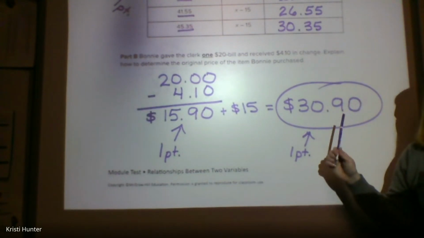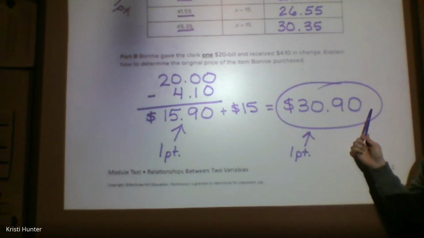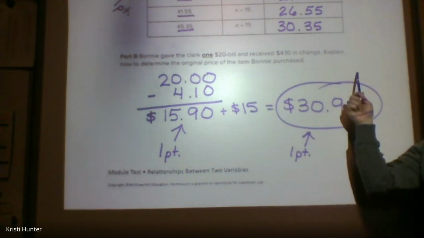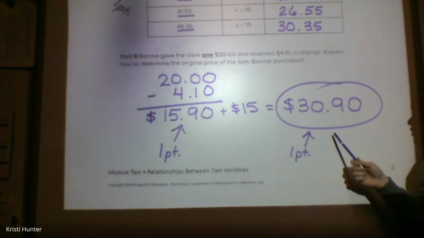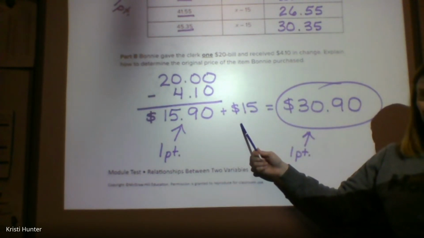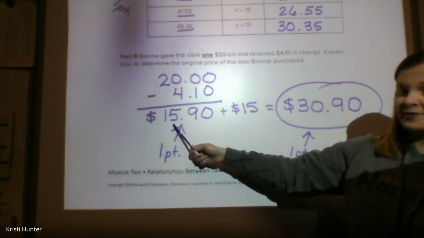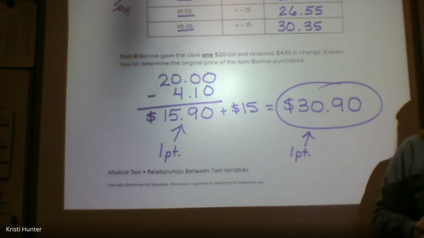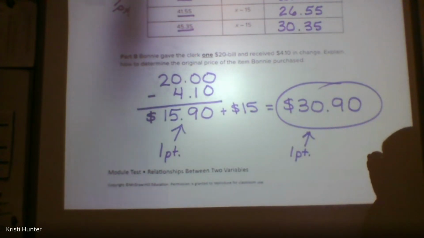Okay, so I can go back and think about it this way. She went to the checkout, and this is how much they would have said she owed. So she gives them her coupon that takes away $15, makes her bill $15.90, and that'll get me to the $30.90 there.